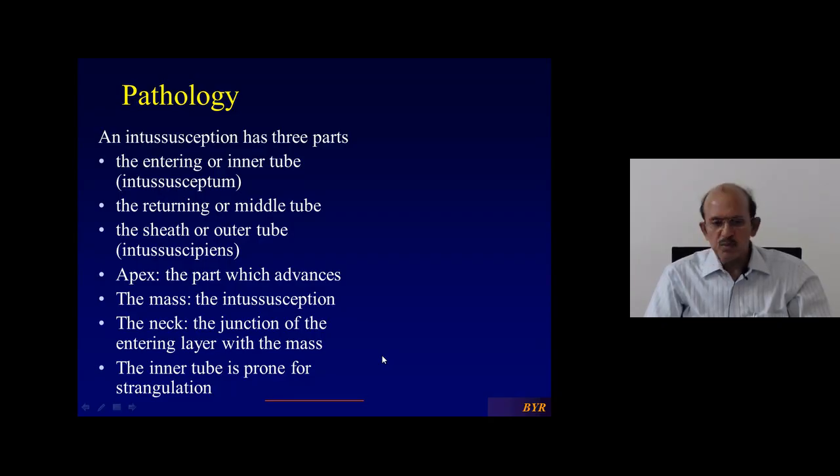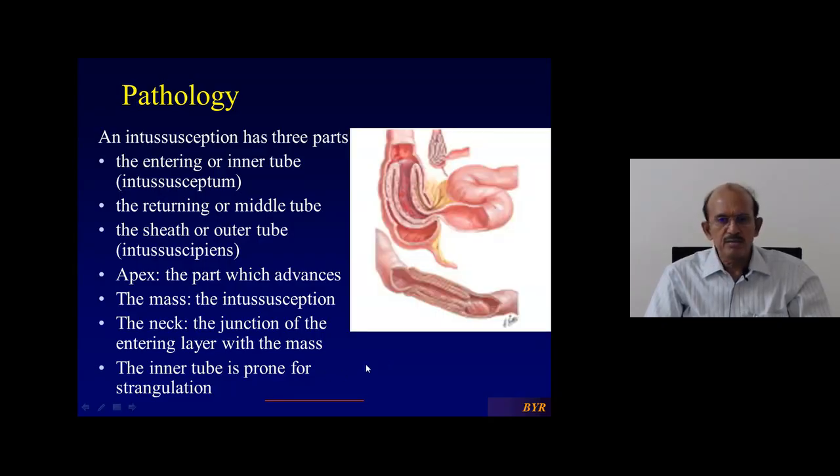The inner tube is prone to strangulation. Now you can see here, this is the bowel which has protruded into the colon. So this is the inner tube. This is the inner tube. And this is the returning tube. And that is the outer tube.